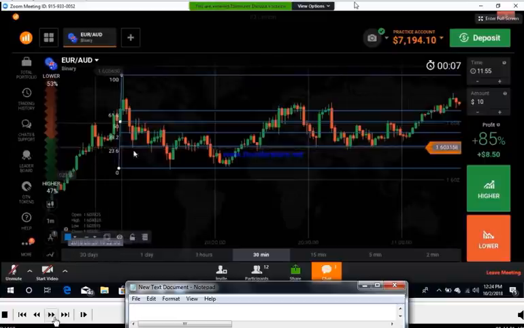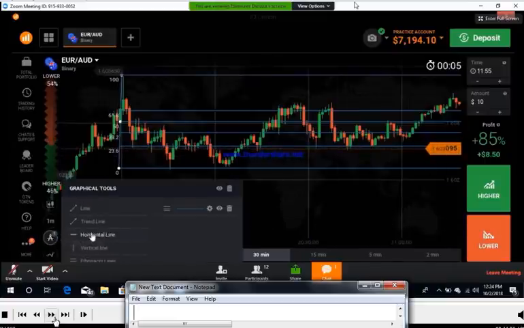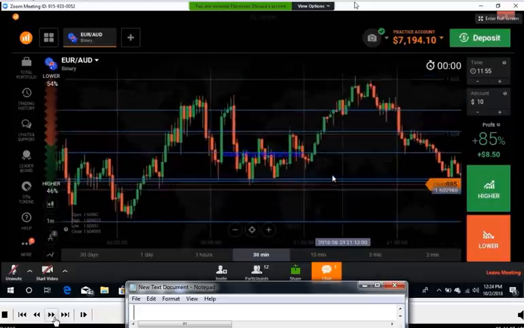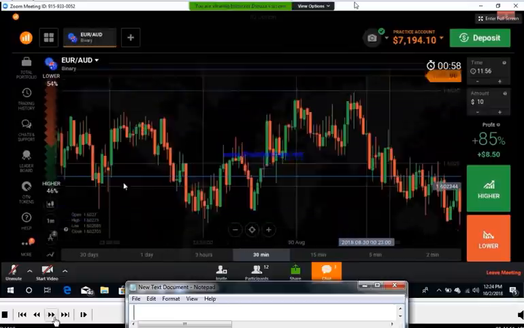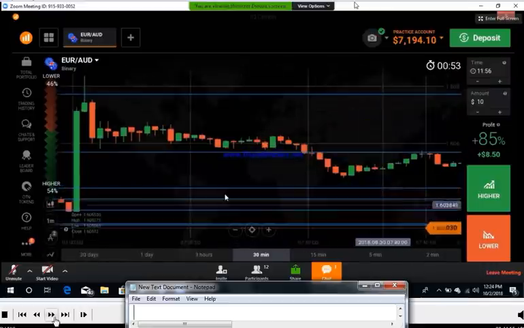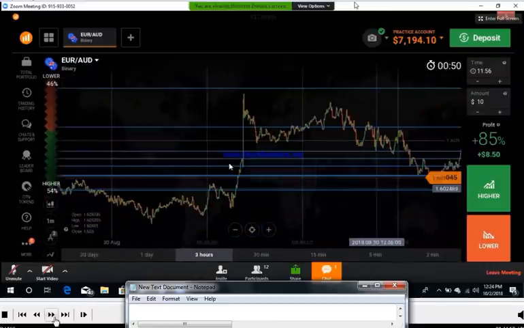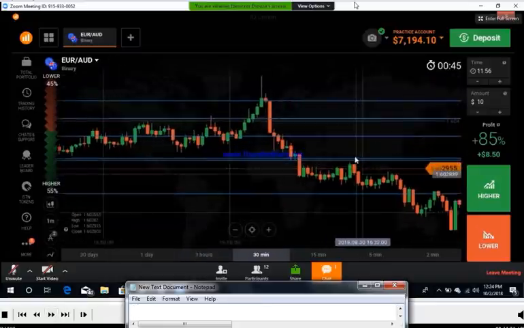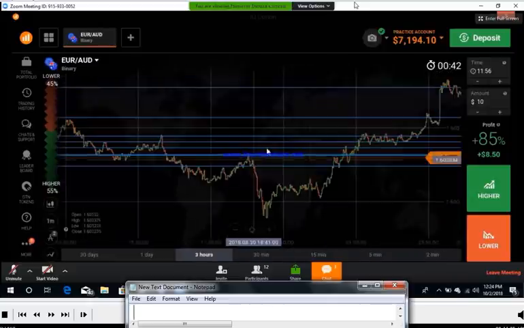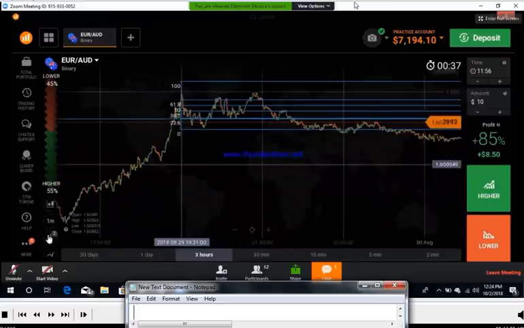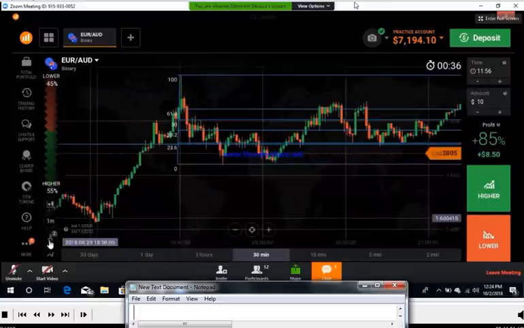You can see the 23.6 level, and it got reversed. I think this 23.6 level is working here, so we can consider this as a strong level. And we need to check whether the level is working or not.